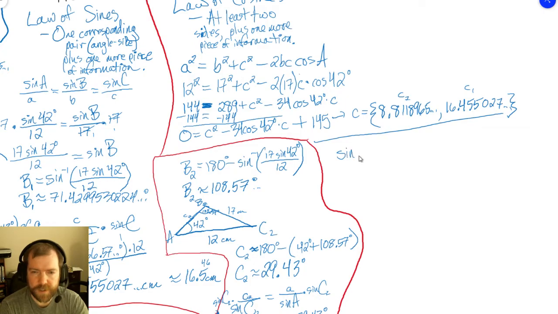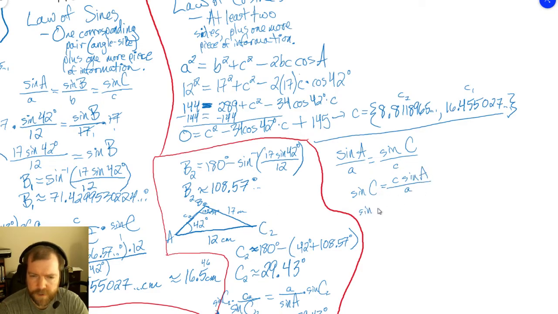If you go for the sine of A over A equals the sine of C over C, again, here the sine of C is equal to C sine A over A. So the sine of C is going to be equal to 8.8, that is C2, 8.8, etc., times sine of 42 degrees over 12.